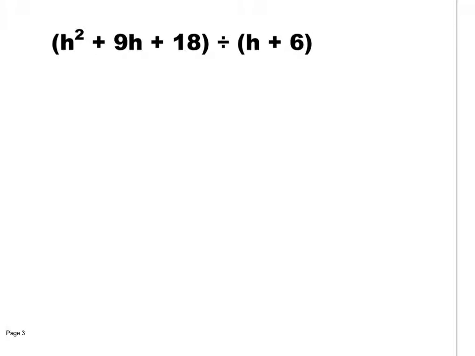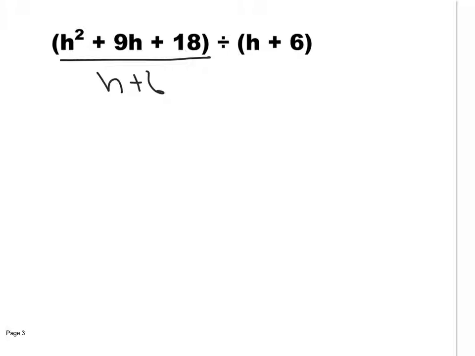Here we're going to divide polynomials by binomials. And sometimes the polynomial, you can factor it. I know what this is going to factor into, and if it looks like something I can factor, I'm going to go ahead and try. So h squared plus 9h plus 18 over h plus 6.